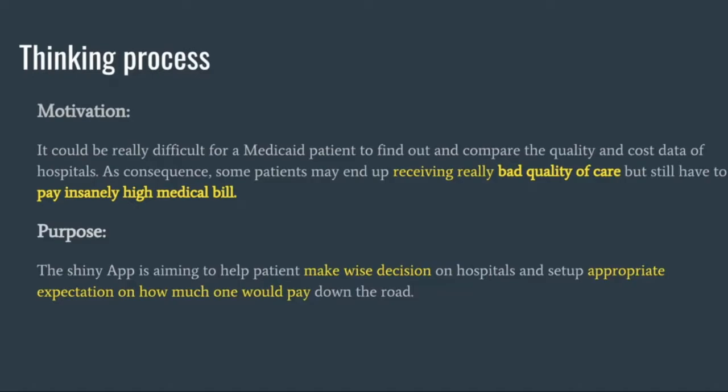So I'm combining the medical cost data with the hospital quality of care data, making the comparison, and based on the patient's needs, providing options that have higher quality of care but at the same time lower medical bills.